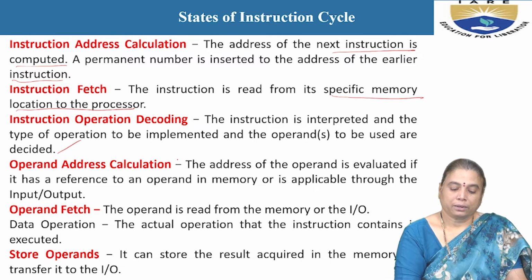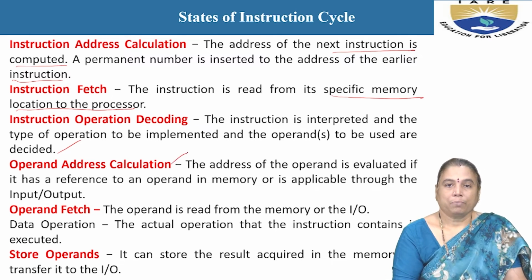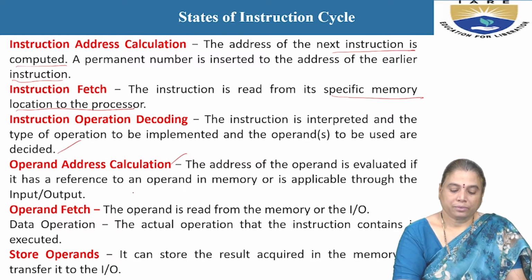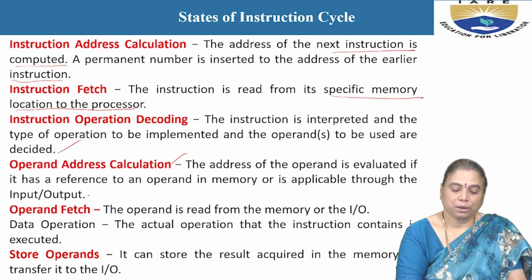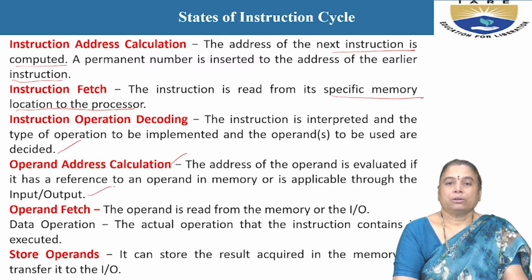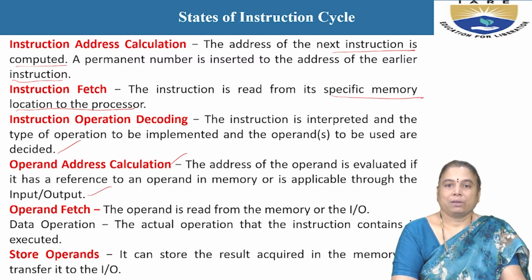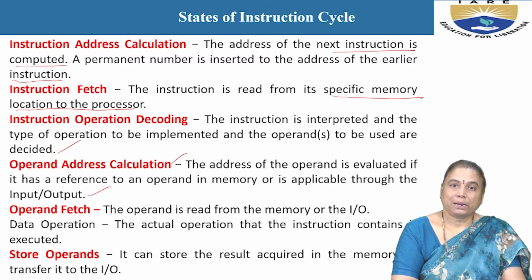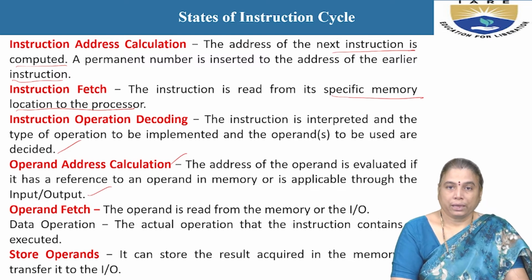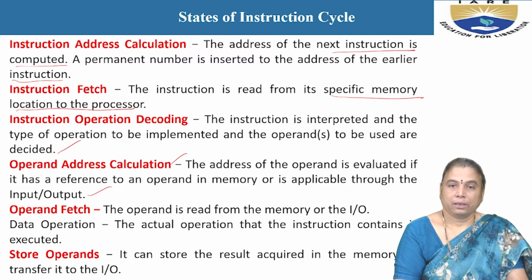Next, operand address calculation, so operands can be fetched from the memory. The address of the operand is evaluated if it has a reference to an operand in the memory or is applicable through input-output. It checks whether the operands are readily available in the memory or have to be taken from the register or from the peripheral devices.